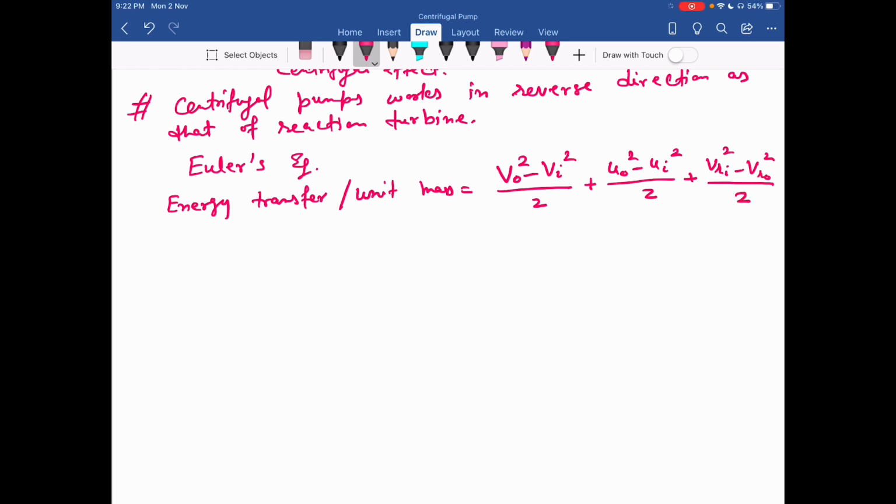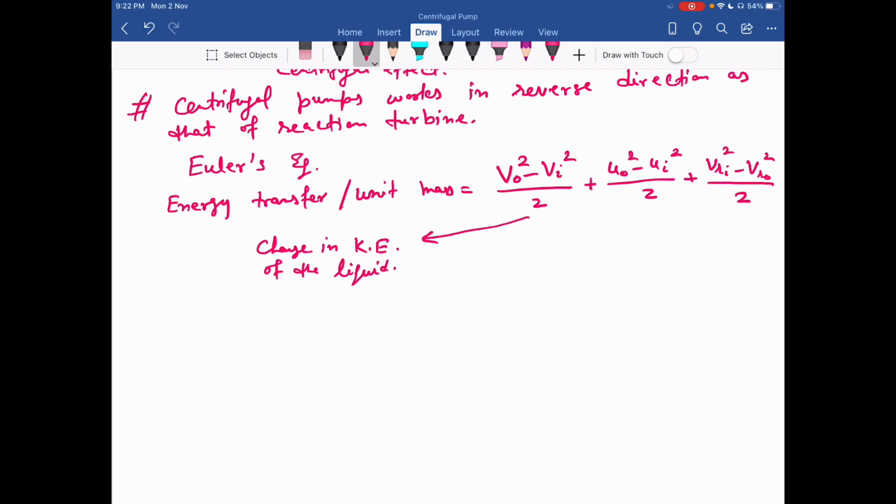Now, in this equation, the first term represents the change in kinetic energy of the liquid, that is water.